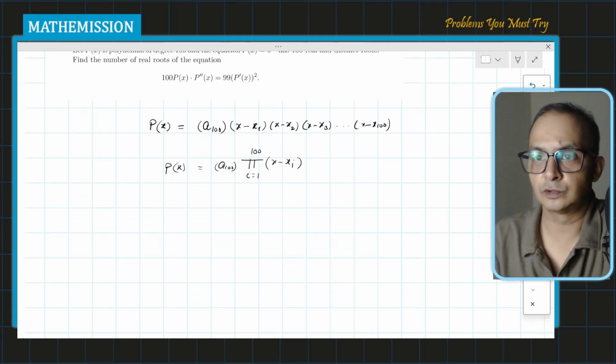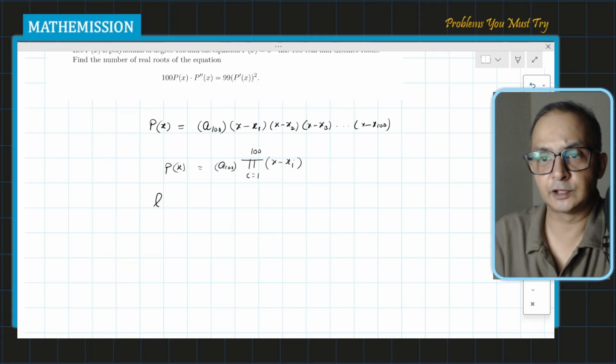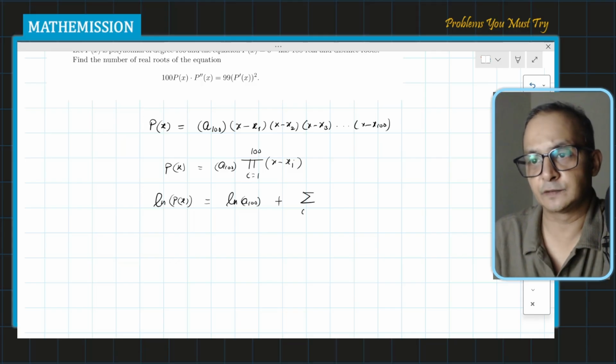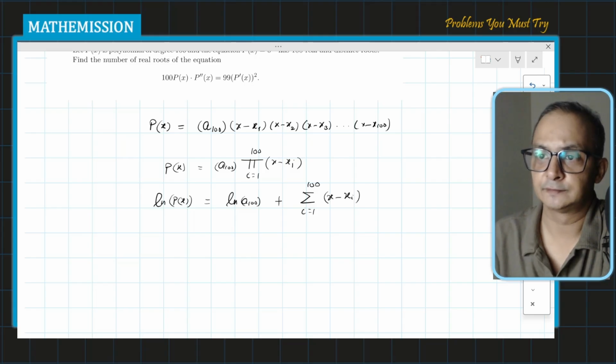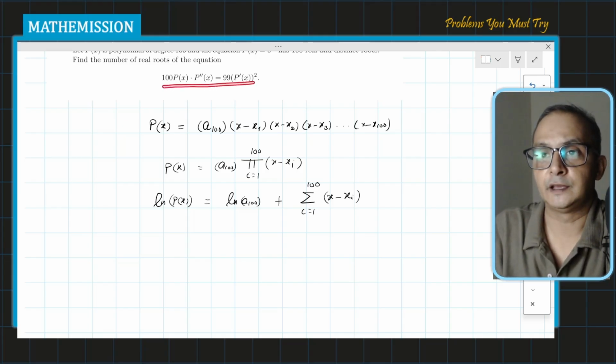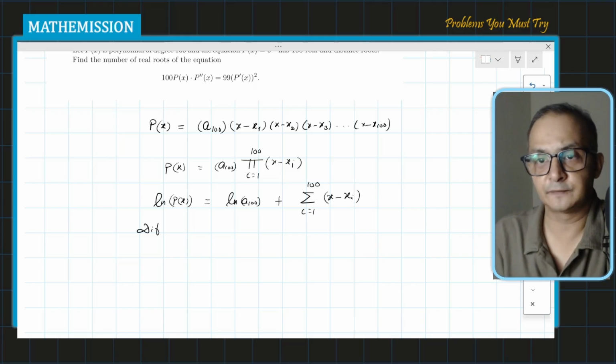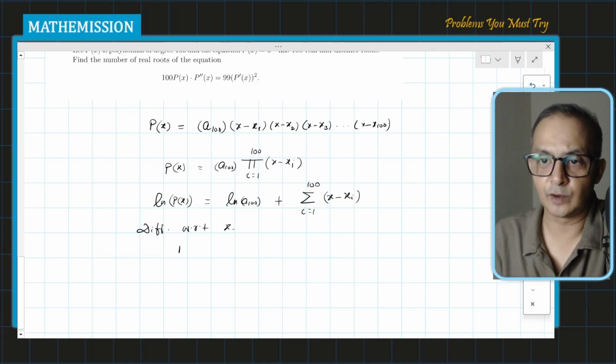And now to deal with this situation, let's take the log. So log p(x) is going to be log a100 plus the summation, i goes from 1 to 100, log of x minus xi. Now since I have to involve the derivative here, I can differentiate both sides. So differentiating this with respect to x, what we get here is 1 by p(x) into p dash x.